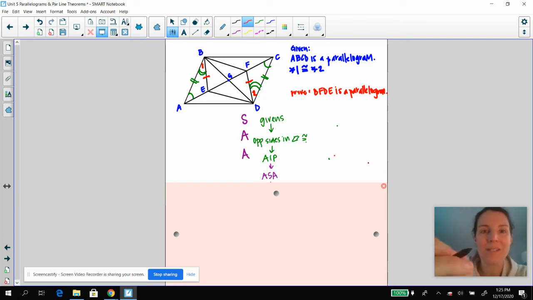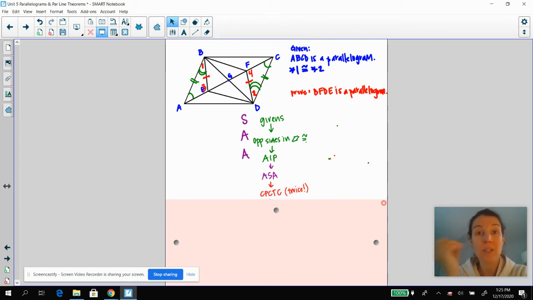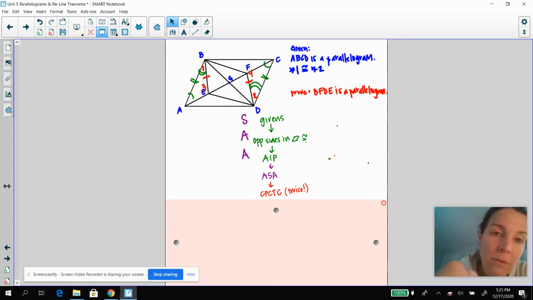Yes, watch this. I'm going to call this angle 3, and I'm going to call this one angle 4. We know that angle 3 and angle 4 are congruent to each other, also because of CPCTC. So we had to use CPCTC twice here, right? The opposite sides are congruent, and then angle 3 and angle 4 are congruent to each other. And then look, what do I know then about angle 5 and angle 6?